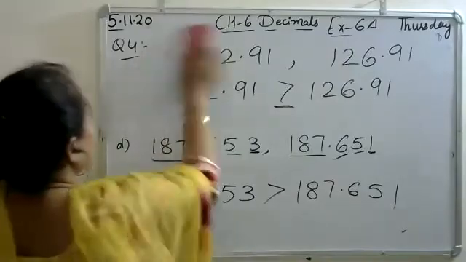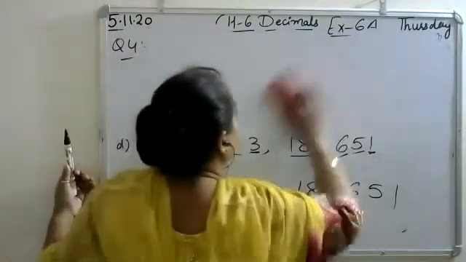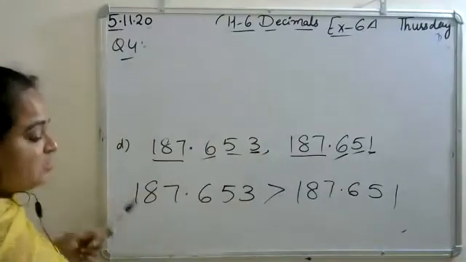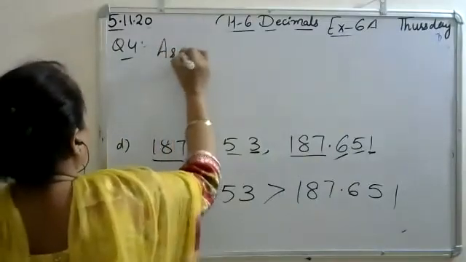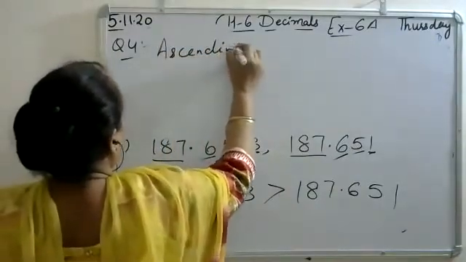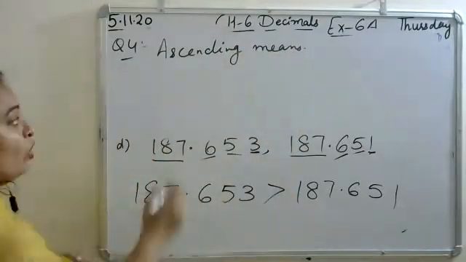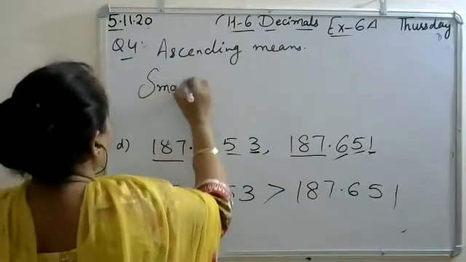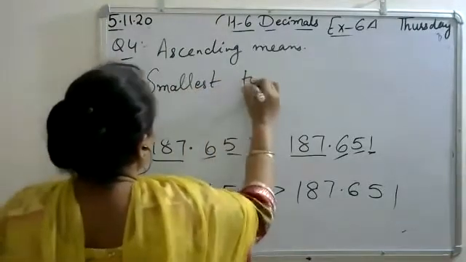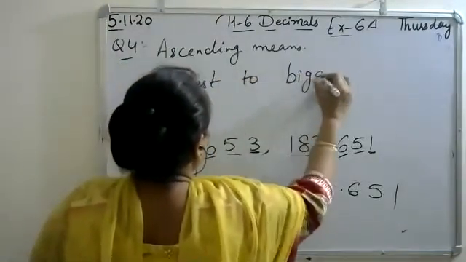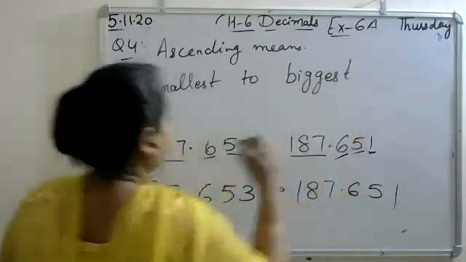Very good. So ascending means arrangement from smallest to biggest.